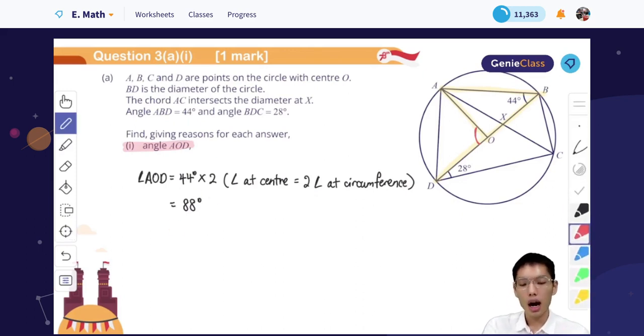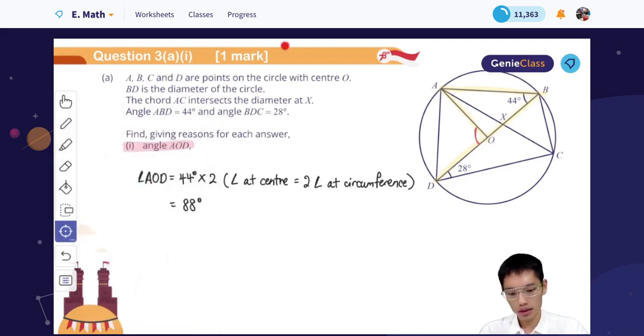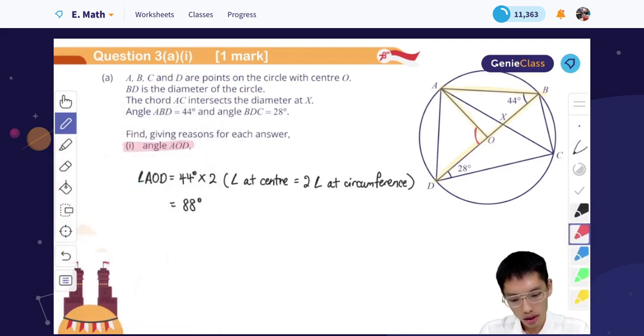So how do we tackle such questions? Number 1, number of marks. Number 2, see what is the angle given.